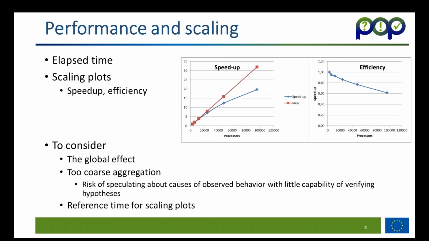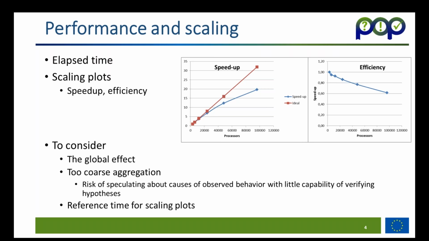So let me start by stating a little bit how we do these things typically today. The basic approach is to present elapsed times as a function of increased number of core counts, for example. Or we can derive speed-up plots or efficiency plots and compare them to either ideal situations of linear scaling or linear efficiency.